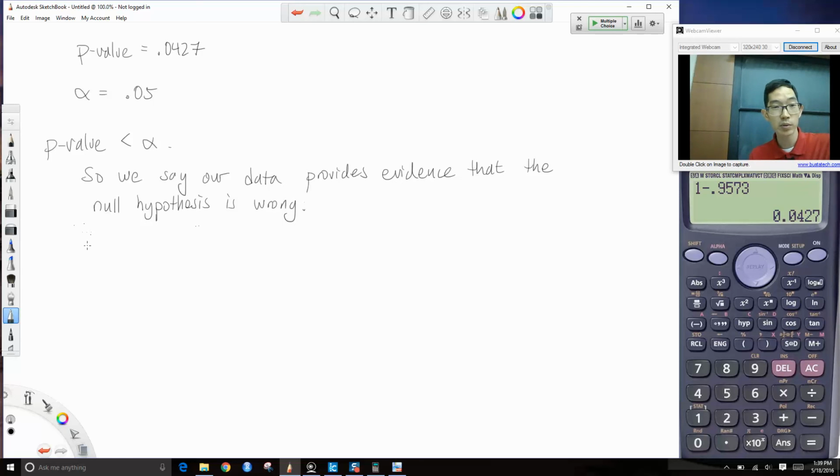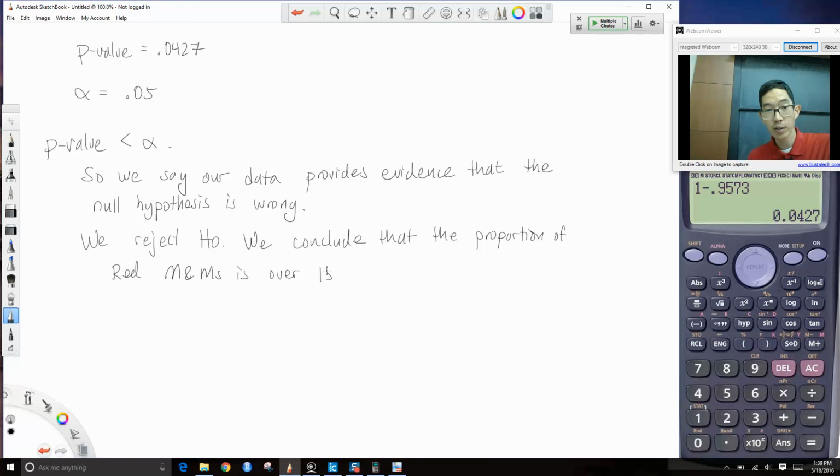We would say we reject the null hypothesis, and we conclude that the proportion of red M&Ms is over 15%. So when your p-value is less than alpha, you're essentially saying, I don't think my data happened by random chance.